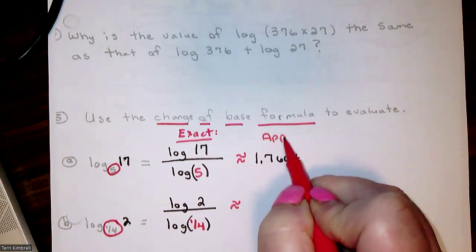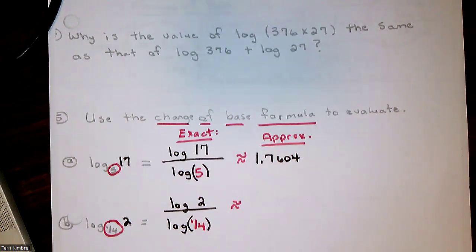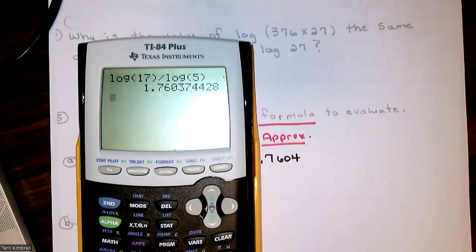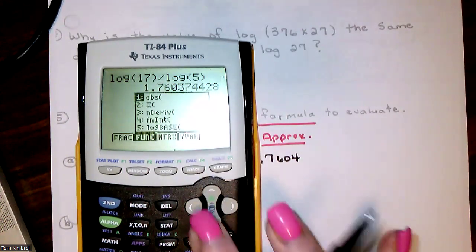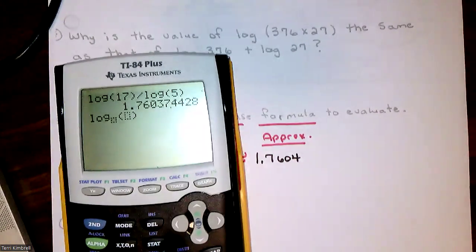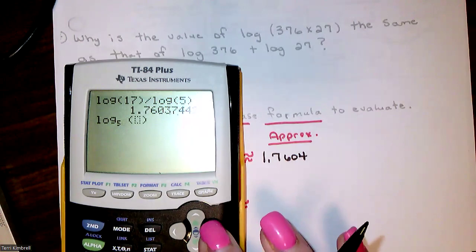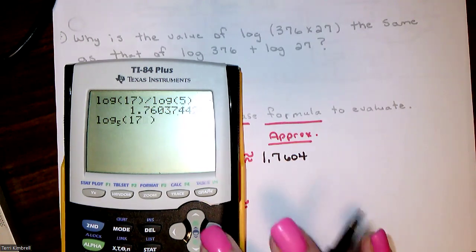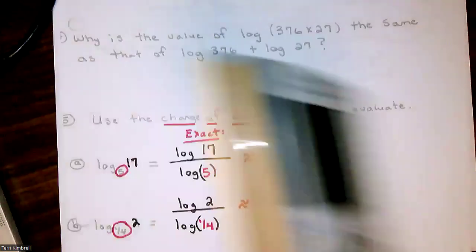So that's why I'm doing approximate. Okay, if you want to double check yourself, you can always go back to what I showed you the other day and hit alpha, window, and go down to number 5 and do it this way, if you want to check and make sure that you typed it in correctly. So that would be log base 5 of 17. And then you can see those numbers would be equivalent.